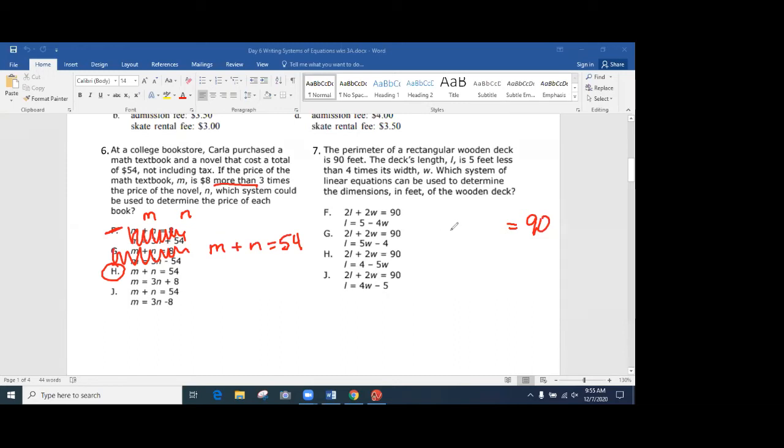Y'all see that? Don't get me wrong, I get that y'all could just sit here and not really pay attention. But do you see how, as a good test taker, you can let the test give you away some stuff? Does that make sense? So if you're using your answers and you see all of these have the same thing, you now know that this is 2L plus 2W.